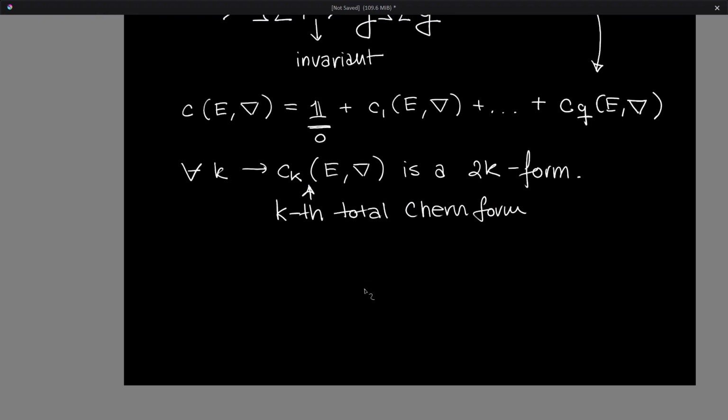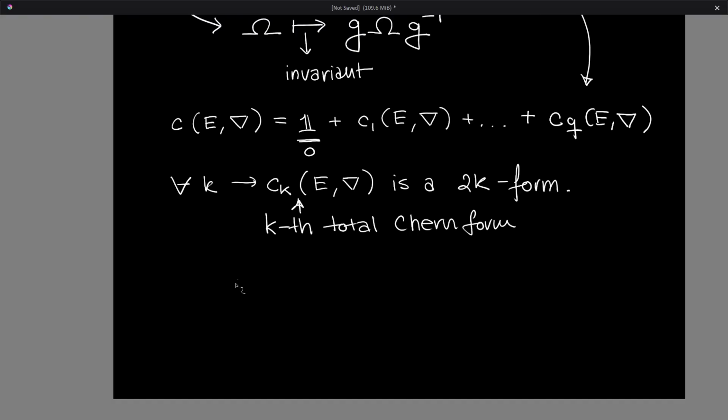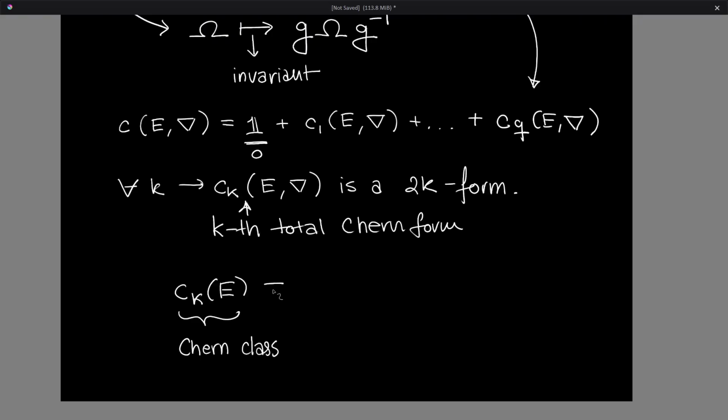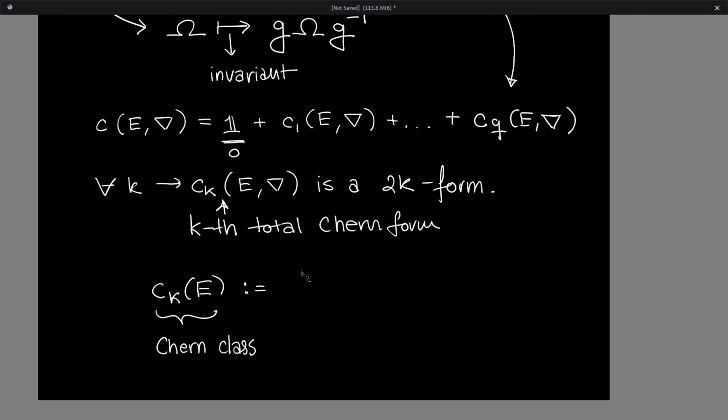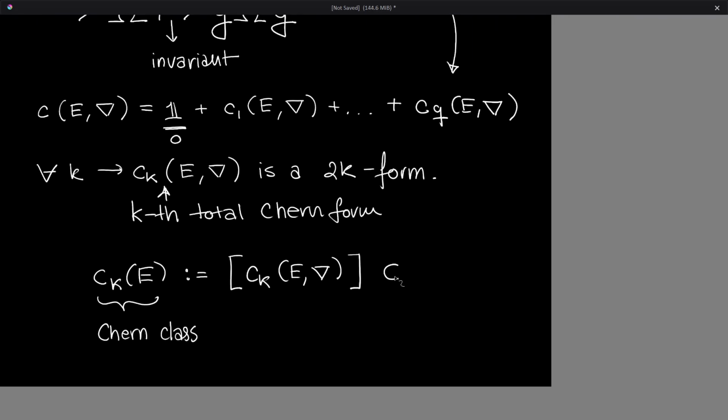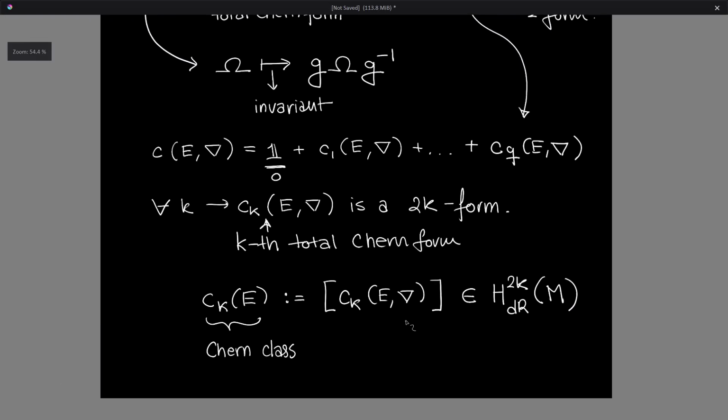And from the kth Chern form, we take the de Rham cohomology class. So here we go. ck(E), this is the Chern class. This is defined by the de Rham cohomology class of ck(E, nabla), and this is an element of H^2k_dR, the 2kth de Rham cohomology. That's the Chern class.